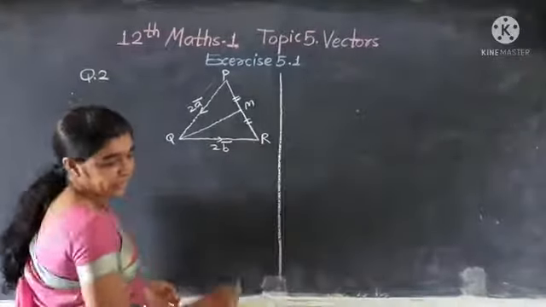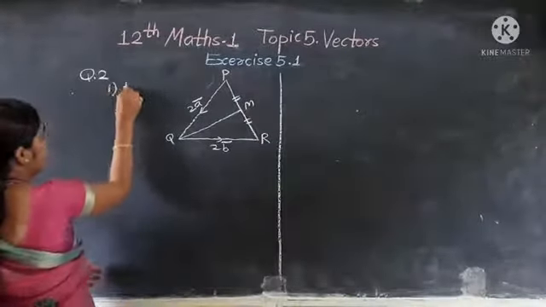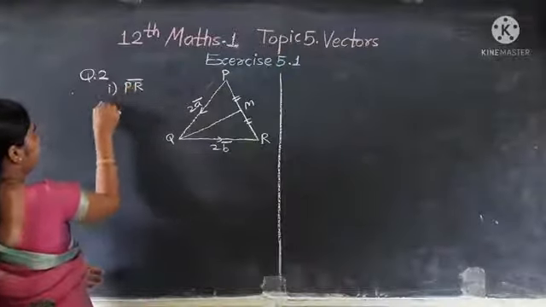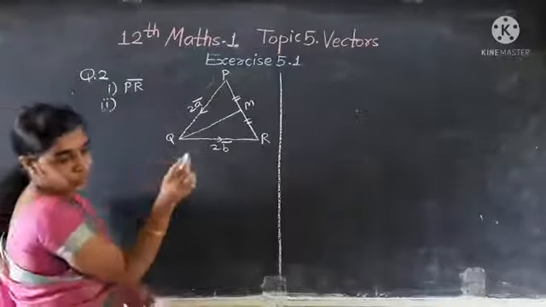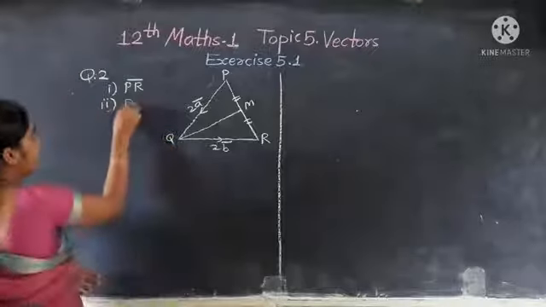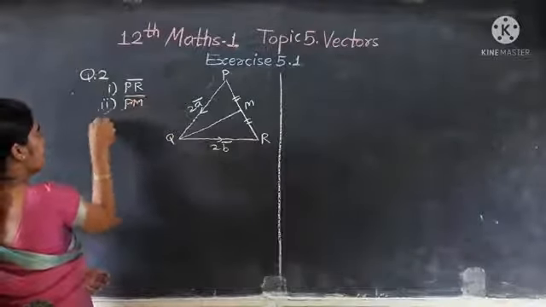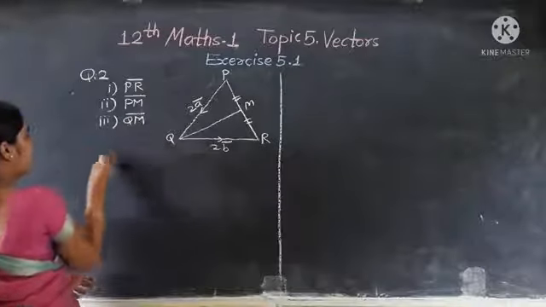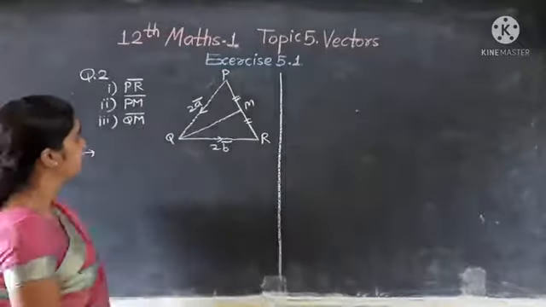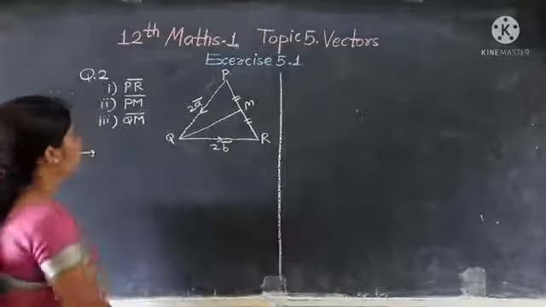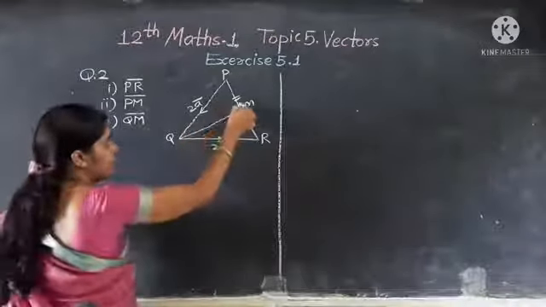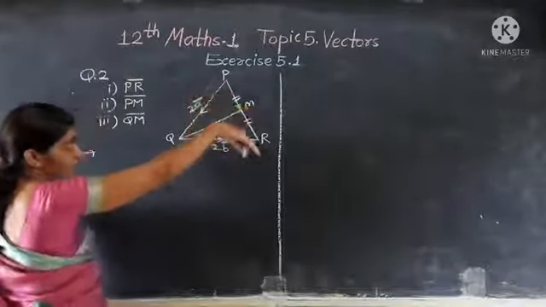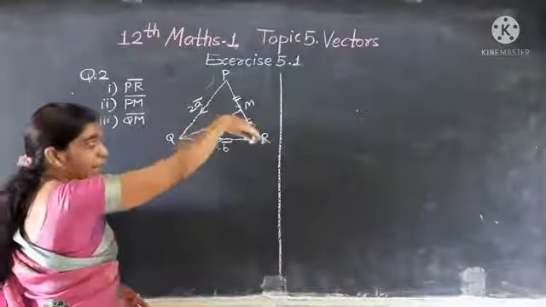We have to find PR bar first. Second, we have to find PM bar. And lastly, we have to find QM bar. Okay, we find them one by one. See, where is PR bar? In this direction. So how do we find PR bar?